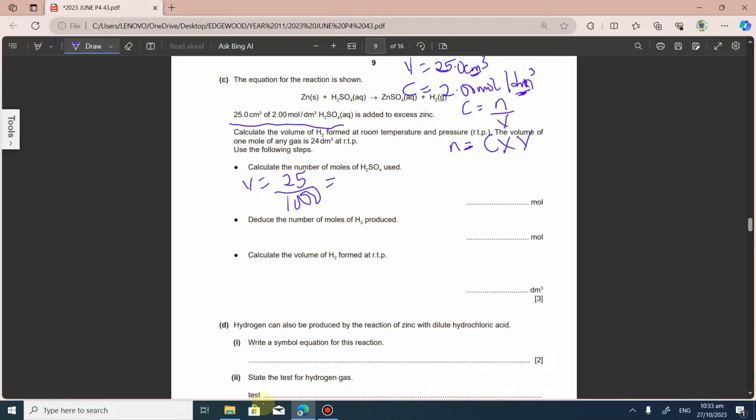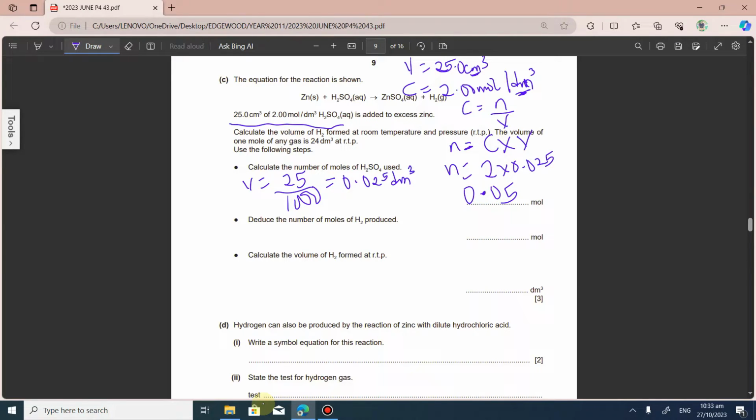If you do 25 divided by 1000, we're going to have 0.025 dm³. After the conversion, we can now do the multiplication. n equals c times V, which is 2 times 0.025. So we're going to have 0.05. So the number of moles here is 0.05.